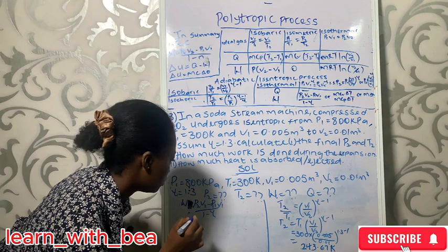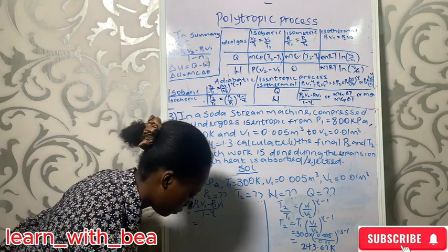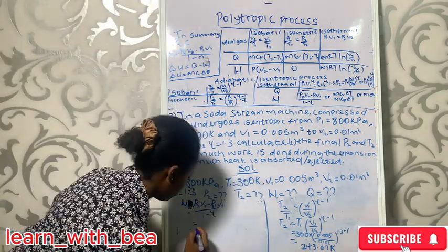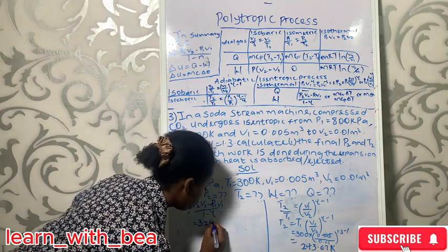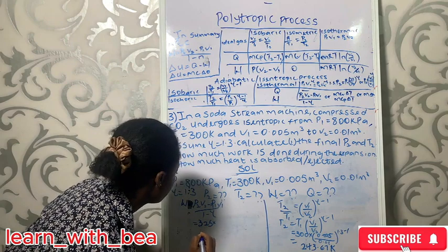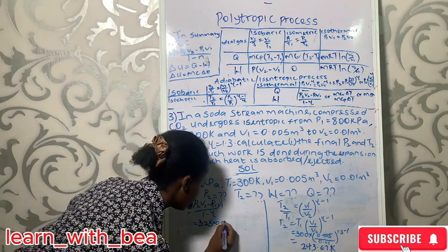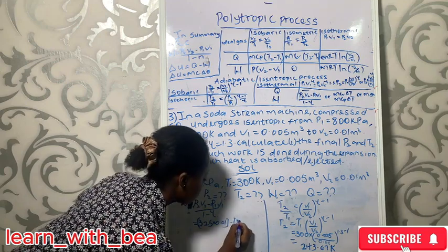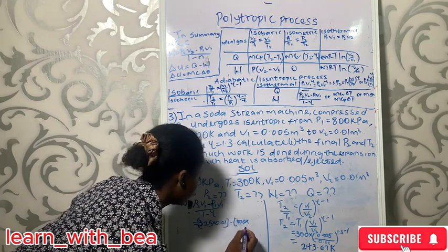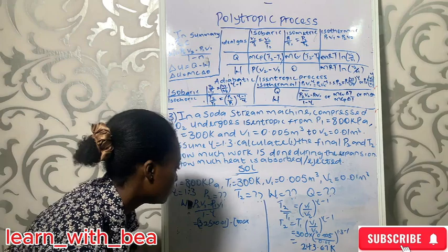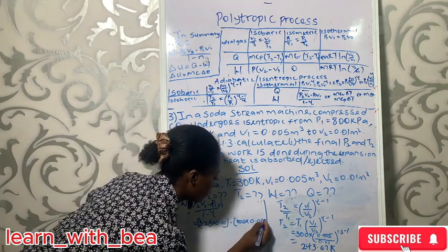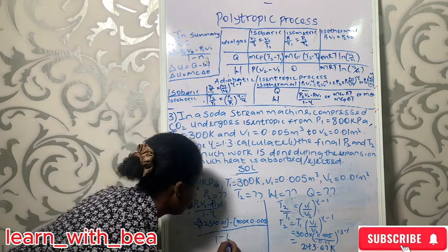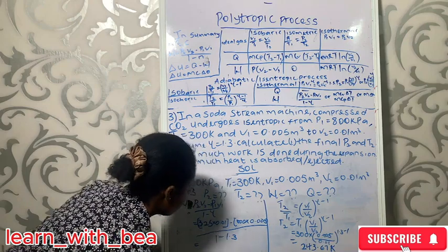We got our P2 the other time. 325. What's the V2? 0.01. Then minus, what's our P1? 800 times, what's our V1? Sorry, V1 is 0.005. Then divided by 1 minus 1.3.